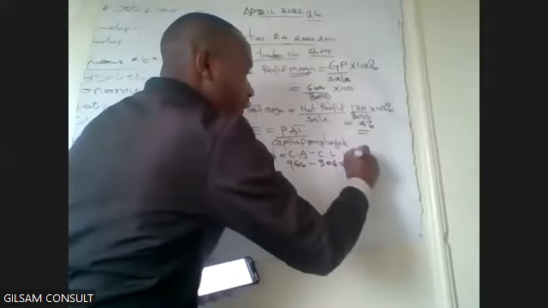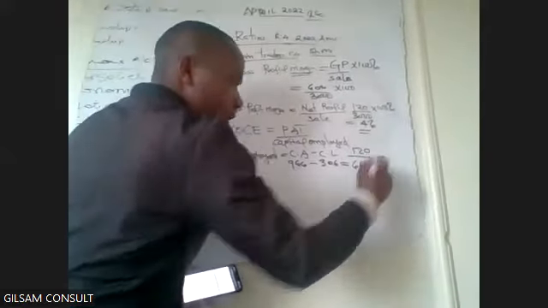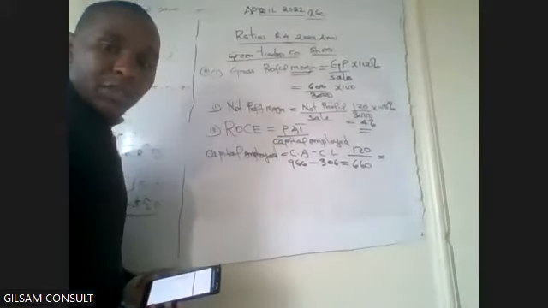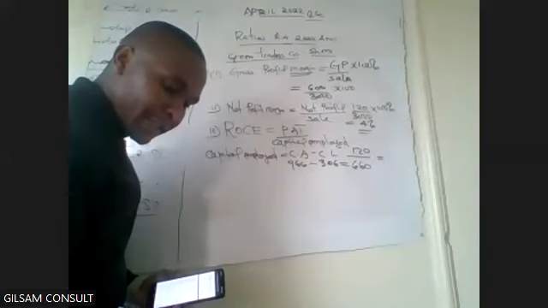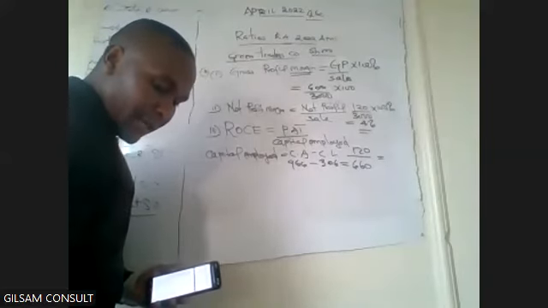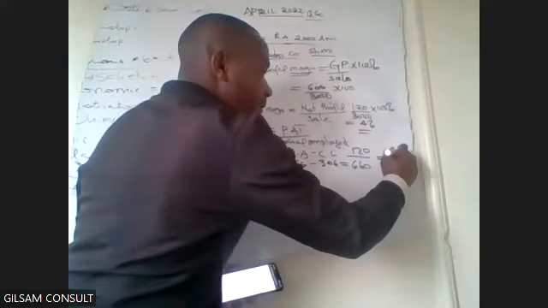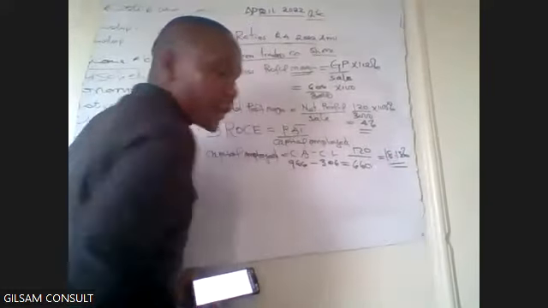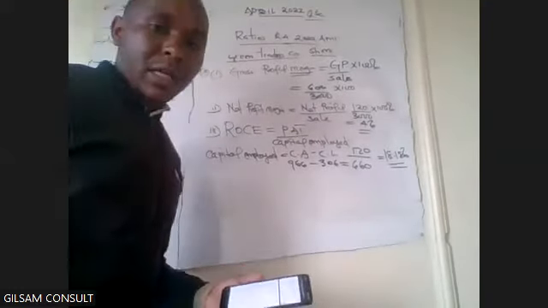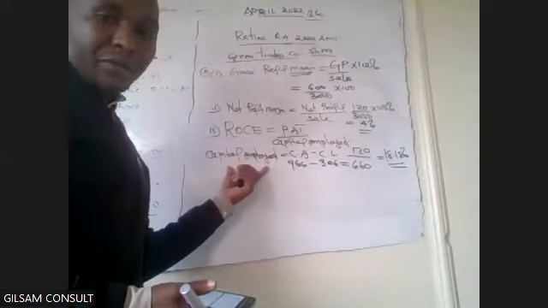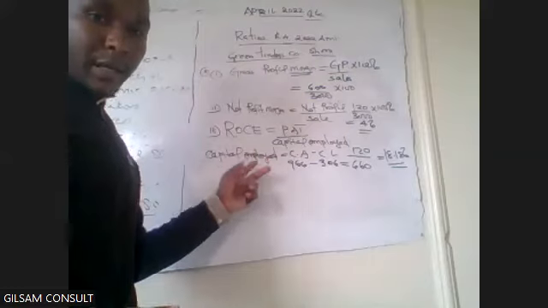So 120 divided by 660 times 100 is 18.8%. That is the return on capital employed. So make sure you know how to get the capital employed.